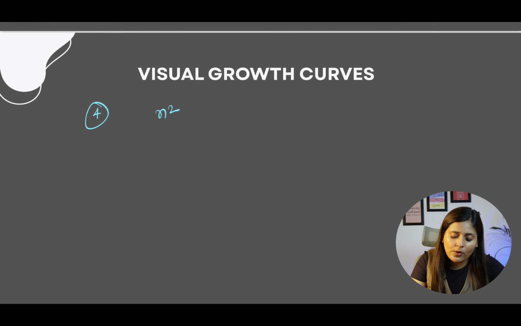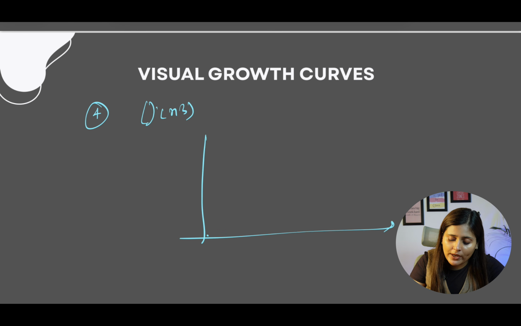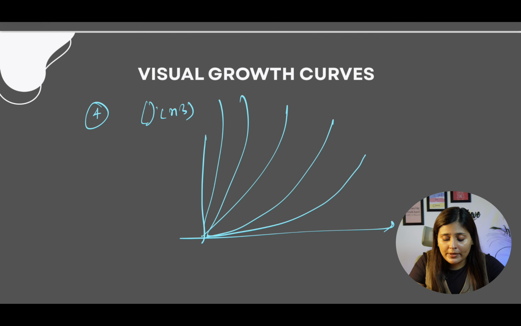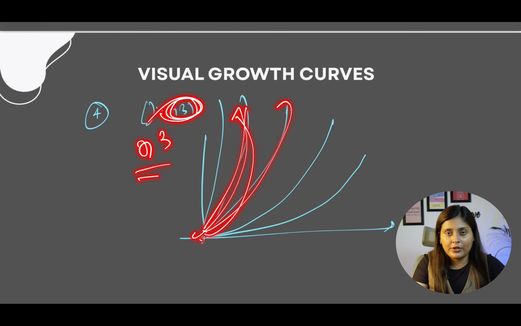Suppose instead of n square, it's O of n cube. If n square goes like this, n cube will go like this, then n4, n5, n6 and so on. So remember, the higher the power, the steeper the curve will go.